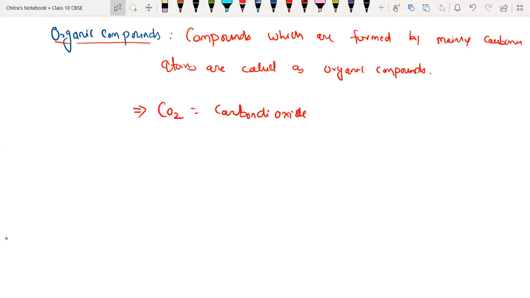Then we have carbon monoxide. We have carbonate salts.